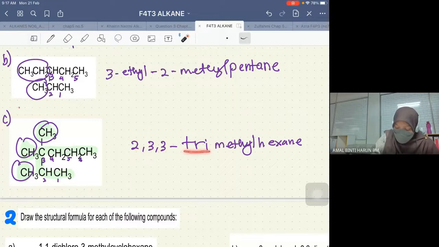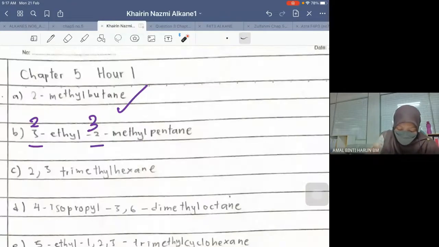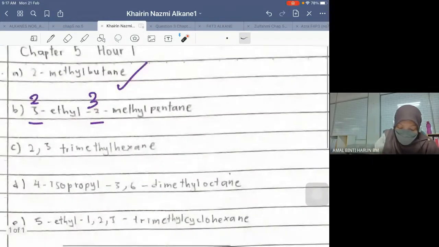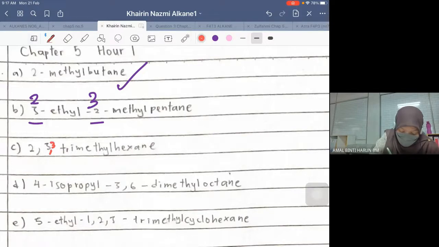And then tri is to show that we have the same substituent, which is methyl. Okay, and this is the parent. So 2,3,3-trimethylhexane. Okay, yang ni dah betul lah. Ya. Okay, number dengan number, comma, 2, 3, 3, and then hyphen, nombor dan perkataan.